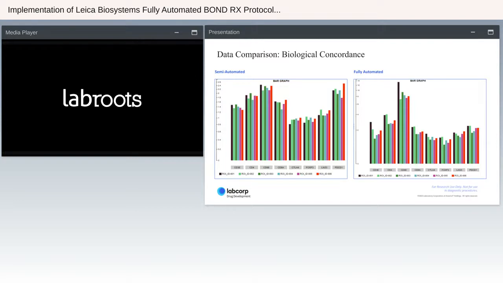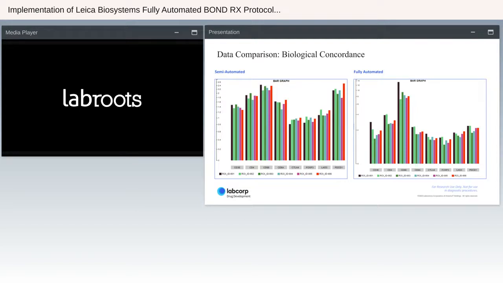Everyone who's familiar with the IO space is really interested in what we were seeing as far as the fully automated versus the semi-automated. So again, we can see the scale bars are a little skewed on the side just for graphical reasons to be able to fit them on the same.